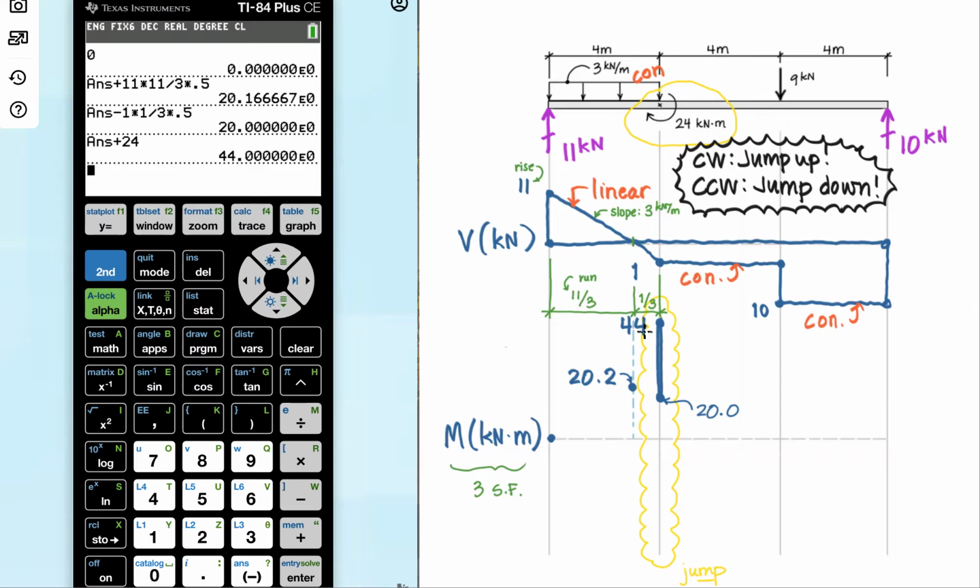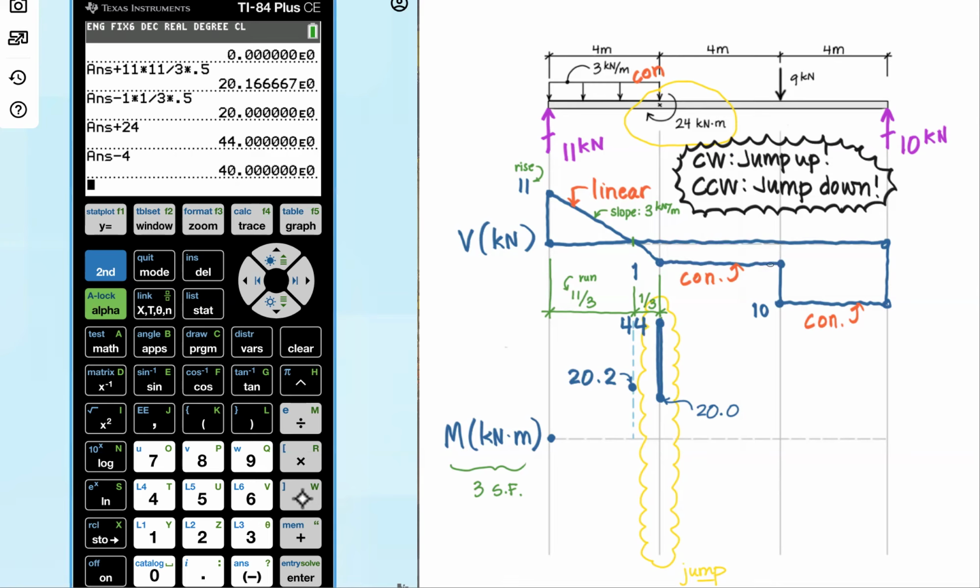All right, now we have a nice rectangle. So our next move is to decrease by 1 times 4, which is 4. That gets me to 40. And then our last area under the shear curve is a rectangle.